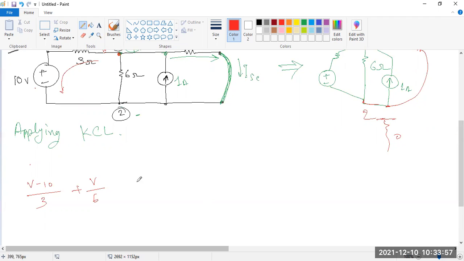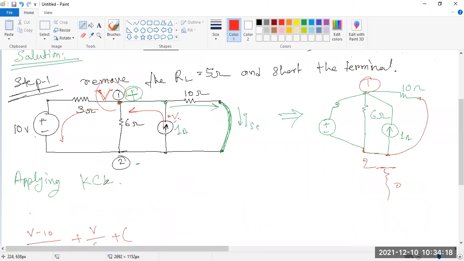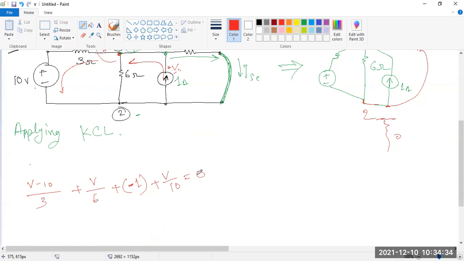Plus this is coming over here, and the direction is given. We are assuming this potential is higher, but the current direction is given opposite, so we have to put minus 1, because it is opposite to our assumed direction, and then V by 10.